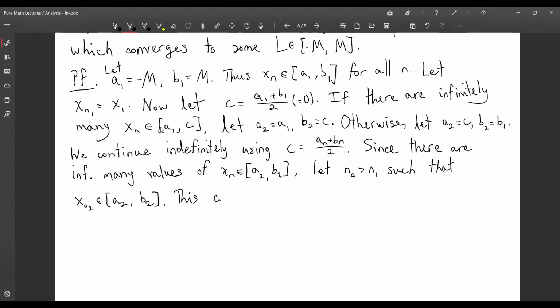This creates x sub n sub k. So notice each x sub n sub k is going to be contained in the interval from a sub k to b sub k.